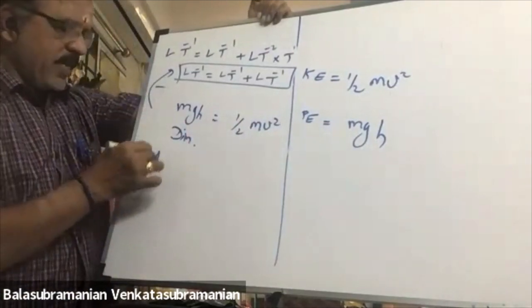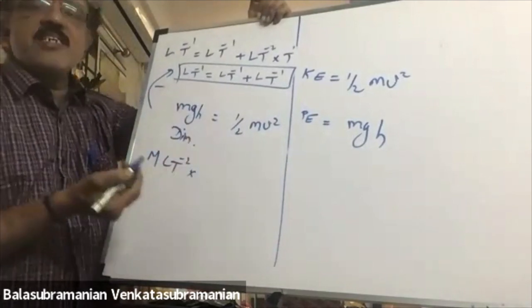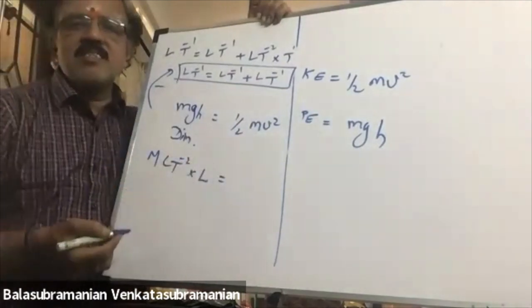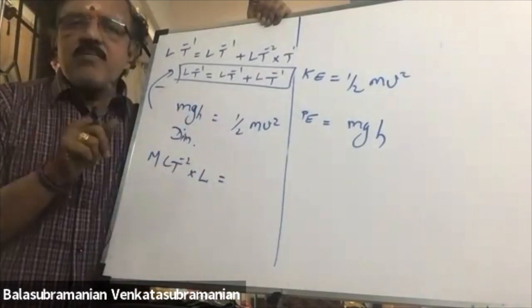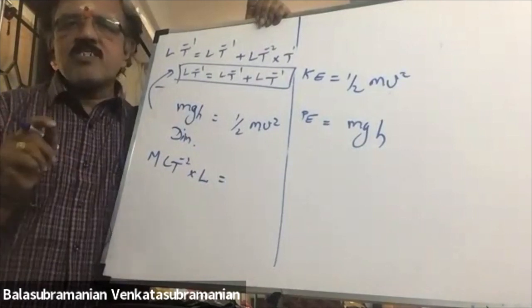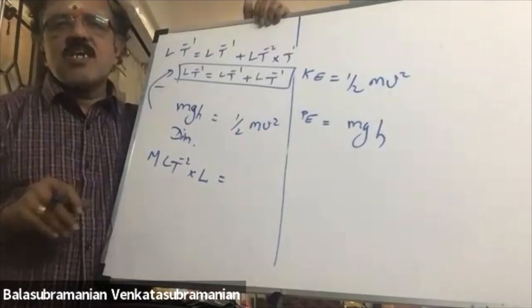M, capital M, G, LT power minus 2, acceleration due to gravity. H, L, measure of length. Half, constant, there is no dimensional formula. These are the limitations. No dimensional formula for constant. Sir, gravitational constant I am having, sir.